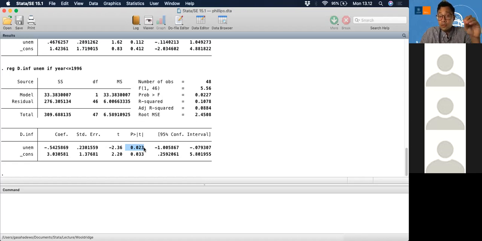However, with the recent development of theories, it's not enough just to regress inflation on unemployment, because in practice, people have expectations on inflation, and the expectation of inflation allows them to make decisions that would affect the relationship between inflation and unemployment. So starting with the theory is very, very important, and from there, you can adjust the regression specification to ensure that it's in line with the theory.